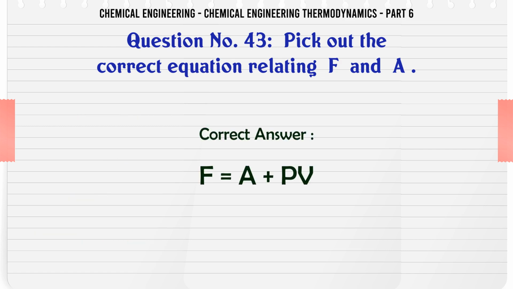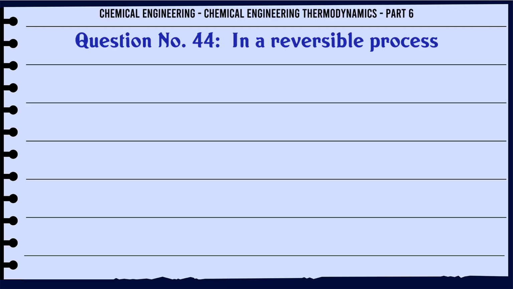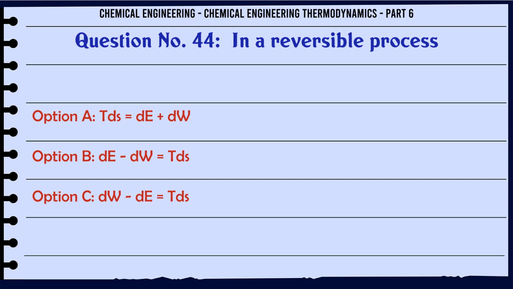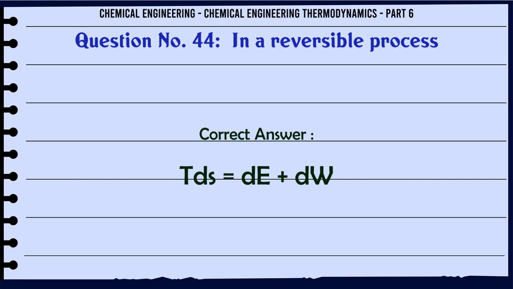The correct answer is F = A + PV. In a reversible process, A. TdS = dU + dW, B. dU = dW + TdS, C. dW = dU + TdS, D. TdS = dW + dU = 0. The correct answer is TdS = dU + dW.